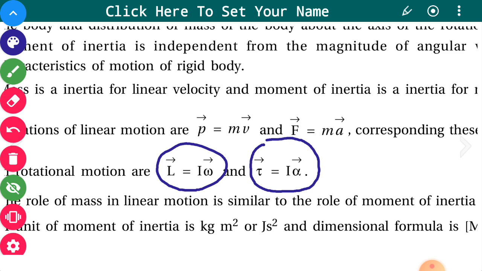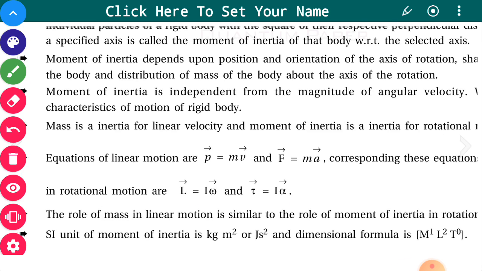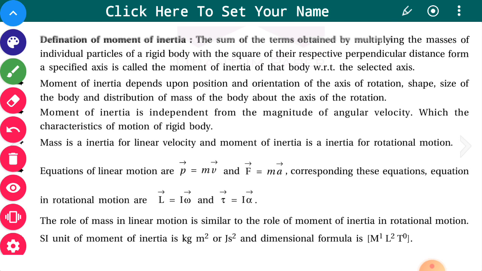Torque is I alpha: instead of m we are writing I, and instead of linear acceleration we write angular acceleration alpha. The role of mass in linear motion is similar to the role of moment of inertia in rotational motion.